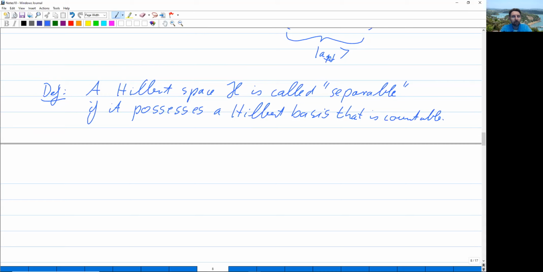Where the label of the basis vectors is not n equal 1, 2, 3, 4, 5, but for example, the real numbers. And the real numbers are not countable. There's no way you can devise a sequence that would run through all real numbers. All rational numbers you can do, but not all real numbers. And so we say that the cardinality is then higher than countably infinite. And there are even higher cardinalities, and there's no limit to how high the cardinality is.